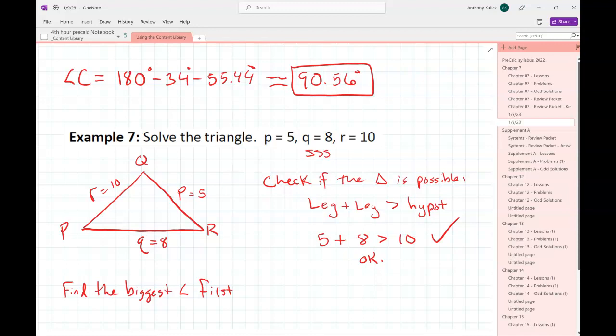Why do I want to find the biggest angle first? If you remember back to the SSA criteria, if the given angle is not acute, we can't run into that ambiguous case. So if the angle I find is like 90 degrees or bigger, I'm good to go. I don't have to worry about which angle I do next.